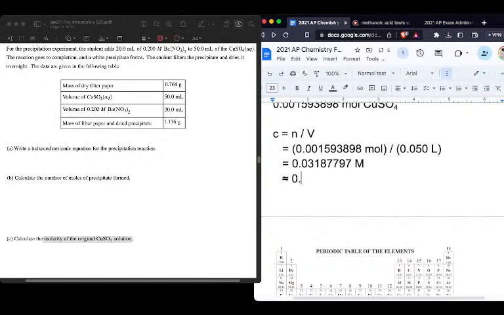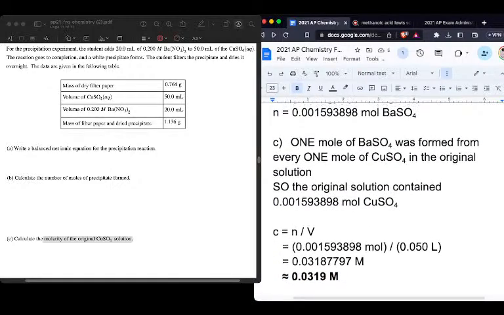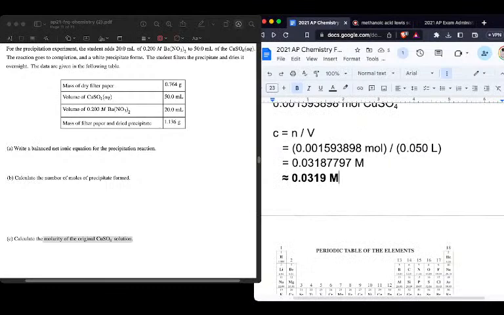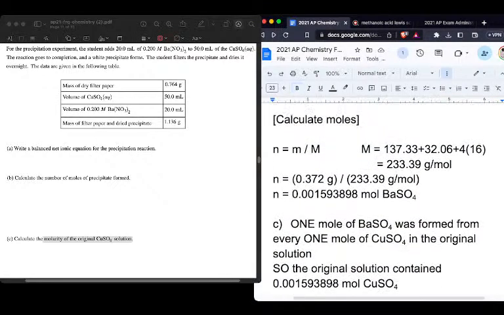So 0.031, and it's this number that's significant. It rounds up because it's followed by a number that's 5 or more. And so my concentration is 0.0319 moles per liter. I'm glad we caught this because I totally forgot to do sig figs for question B here.